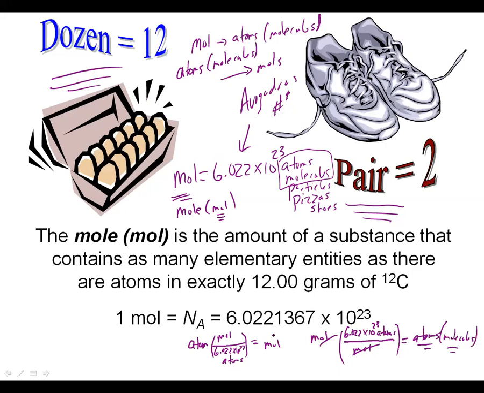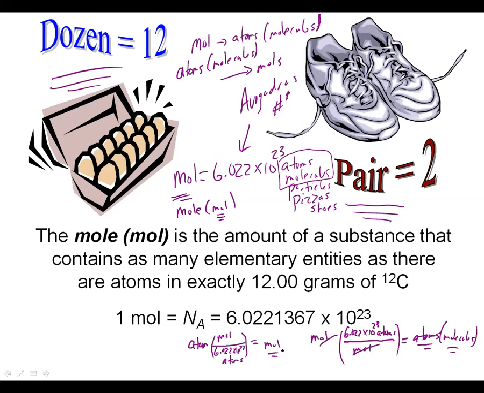So it really is going to be used as a conversion factor to go between those two things, either to go from atoms to moles, or go from moles to atoms. And people always want to use Avogadro's number in every calculation they ever do because they're like, I learned that number, I should use it.